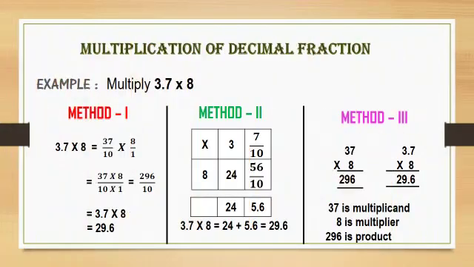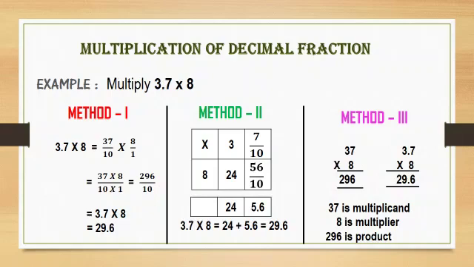Multiplication of decimal fraction. Under this we have three methods. Let us see one by one. Now for example, 3.7 multiply 8. Let us solve this with method 1. 3.7 can be written as 37 upon 10 and 8 is 8 upon 1.